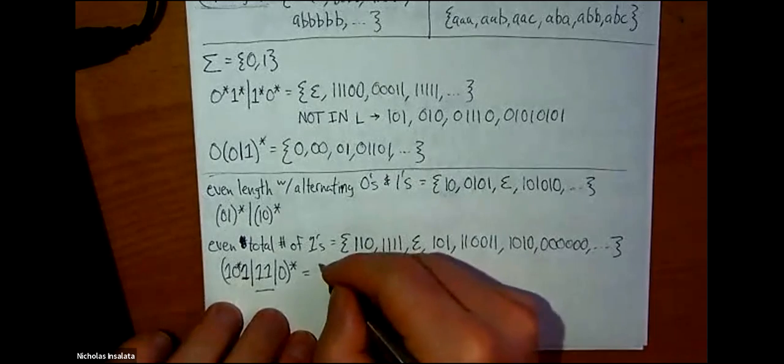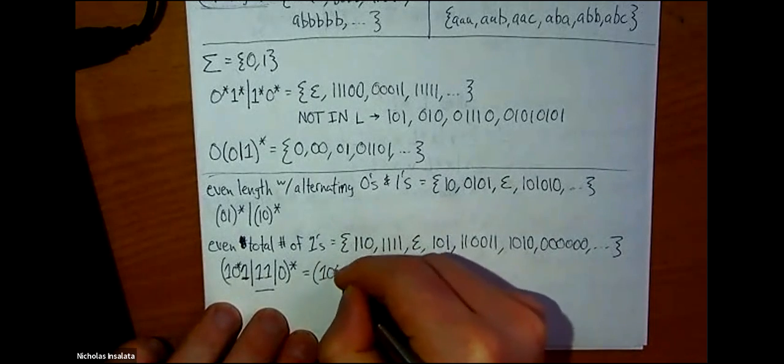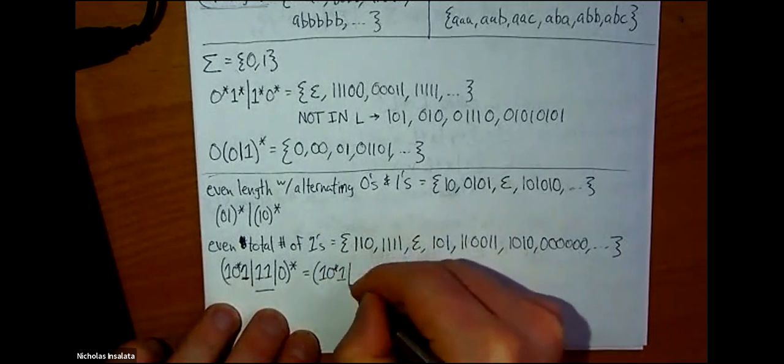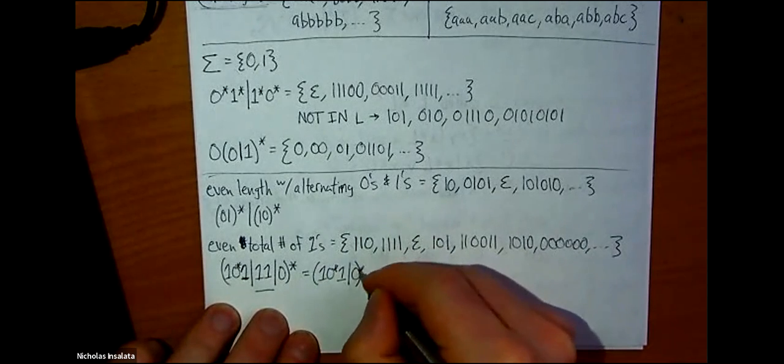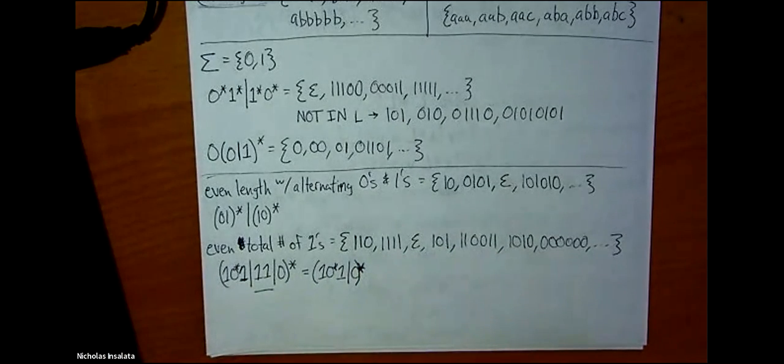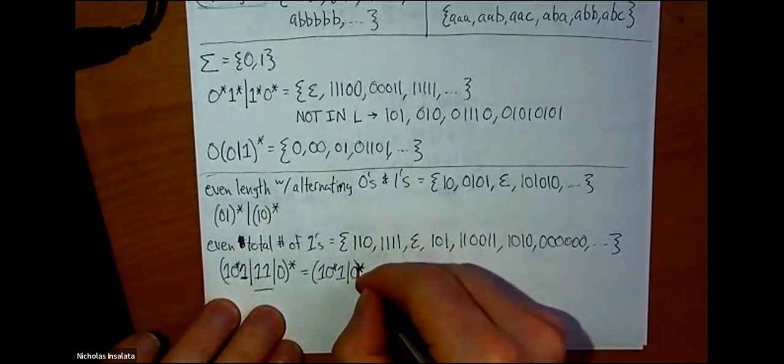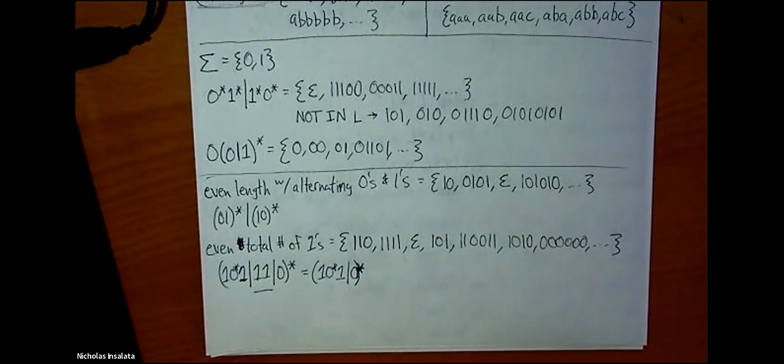So this is actually the same as 10 star 1, or 0 quantity star. Do it this way. There we go. It's a little better. What do you guys think? Make sense?